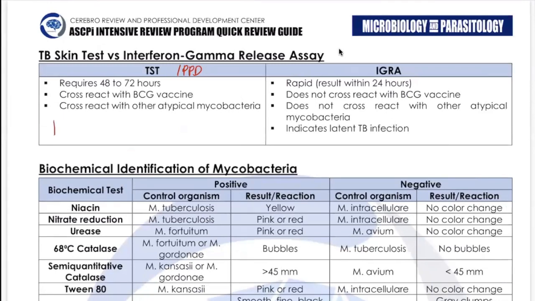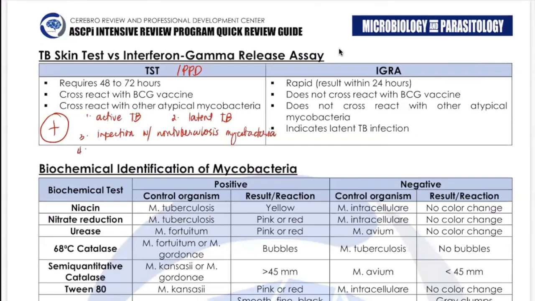Therefore, pag nag-positive ka sa TB skin test, there are 4 possible causes of that. One is, pwedeng meron kang active TB. Number 2, pwede kang merong latent TB. Number 3, pwede kang merong infection with non-tuberculosis mycobacteria.